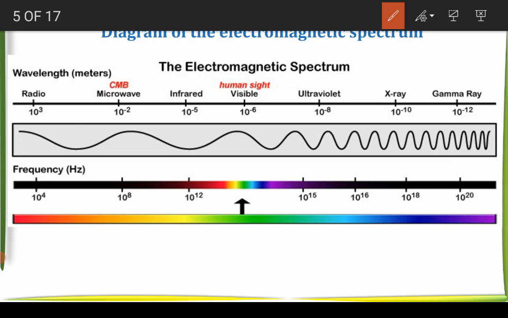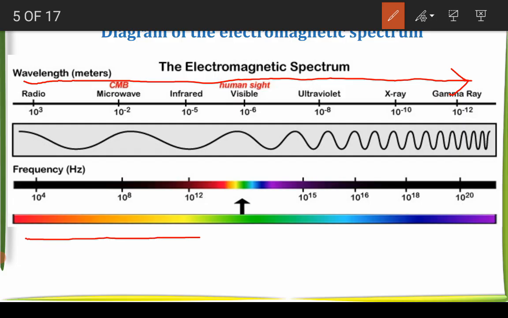Back to this, wavelength decreases as you move from radio to gamma. But as you move from radio to gamma, what is happening to frequency? Frequency is increasing.